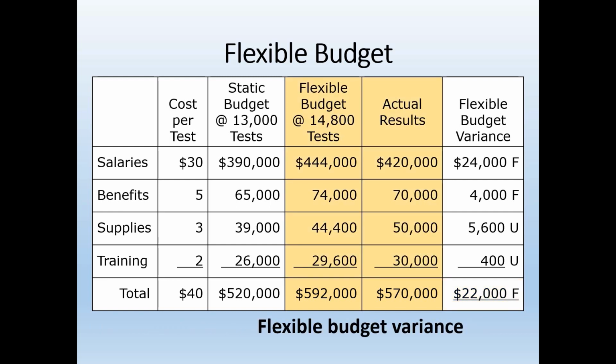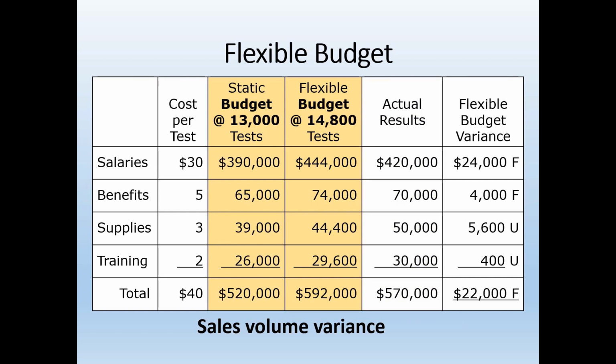So a flexible budget variance is the difference between the flexible budget at the actual level of activity and the actual results. And this will always be a fair comparison for evaluation purposes because both the flexible budget and reality are at the same level of activity.